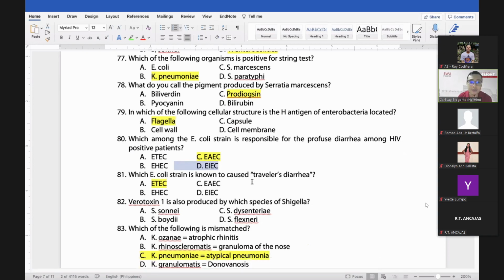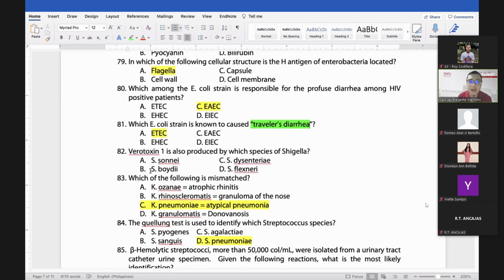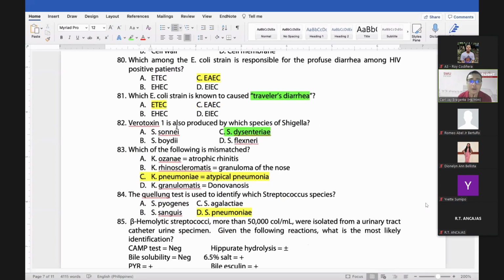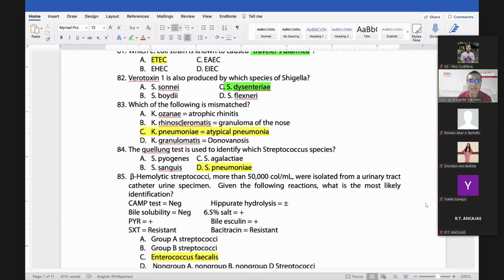Number 81, as I mentioned, traveler's diarrhea, that's your ETEC strain. Number 82, Verotoxin 1 is also produced by which Shigella toxin? The correct answer is Shigella dysenteriae. Number 83, which of the following is a mismatch? All of these are Klebsiella species. Klebsiella ozaenae causes atrophic rhinitis.